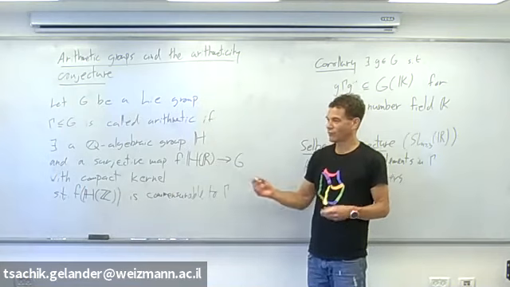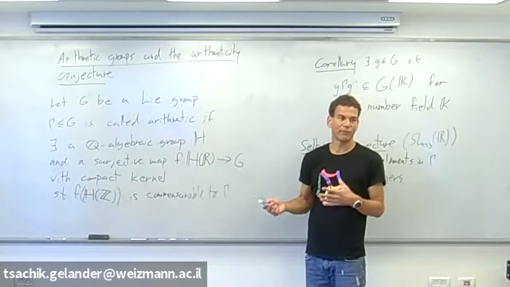Commensurable means that two groups are commensurable if the intersection is of finite index in both.